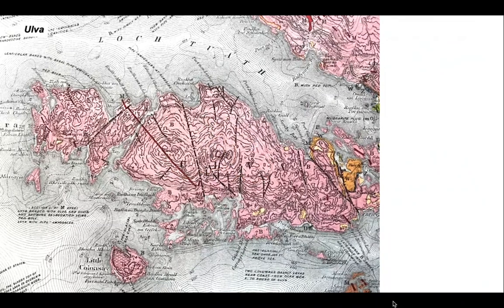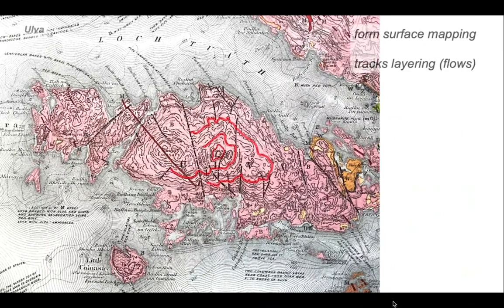Now, within that pink outcrop, you can see those thin black lines that wiggle through the landscape. I'll just pick some of them out. These track the layering within the lavas. In other words, they represent the flows. So what the geologists have done is trace these out within the single unit of the lavas. It's called form surface mapping.